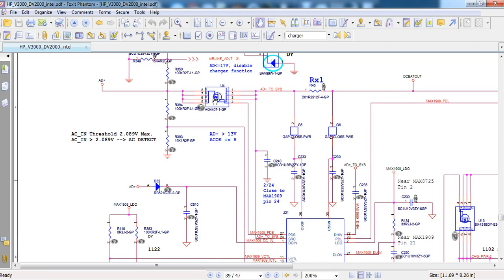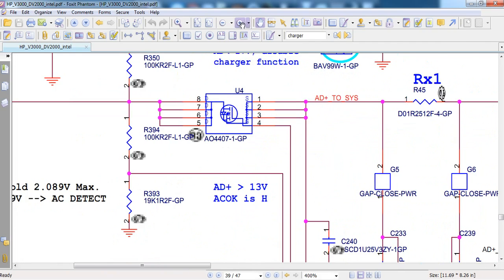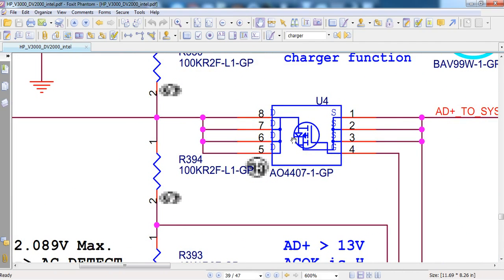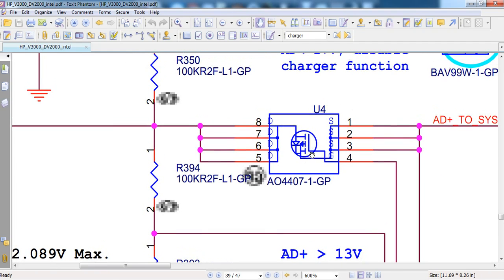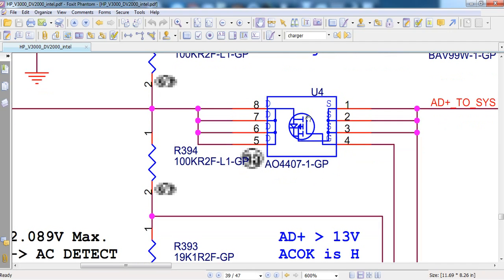This is the MOSFET. The arrow is outside, so this is a P channel MOSFET. A P channel MOSFET conducts the voltage from drain to source. The input side is connected on the drain, the output side is connected on the source. So this MOSFET acts just as a damper diode.